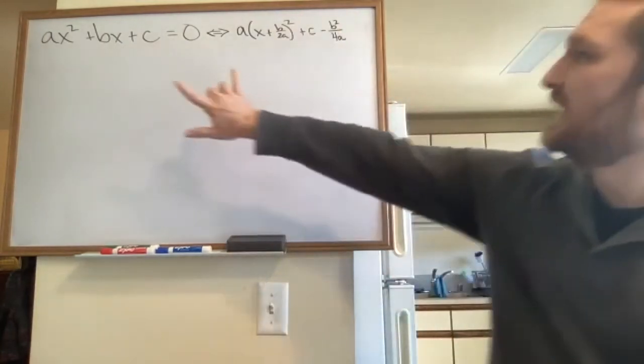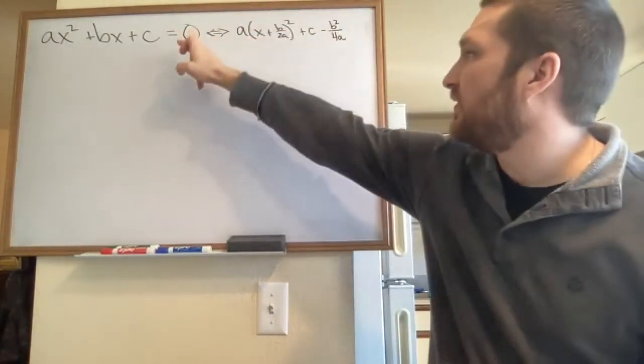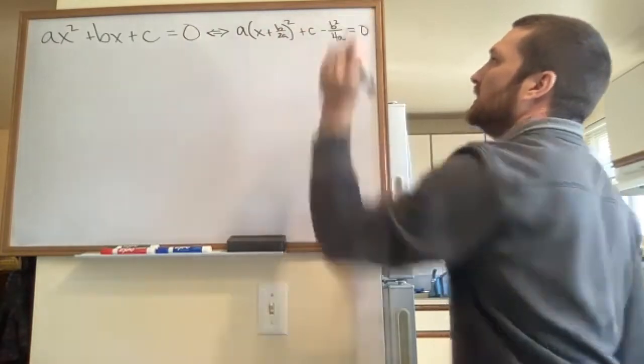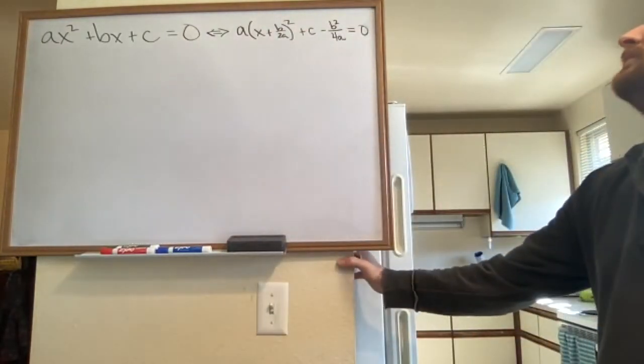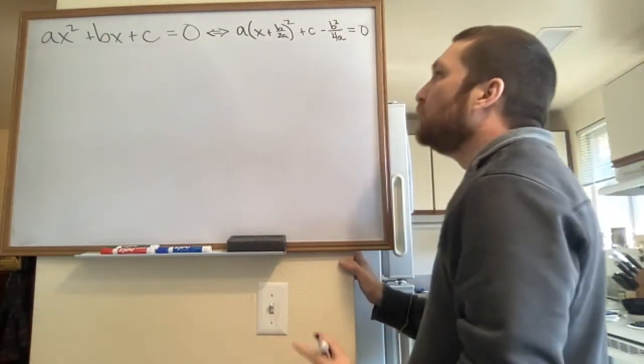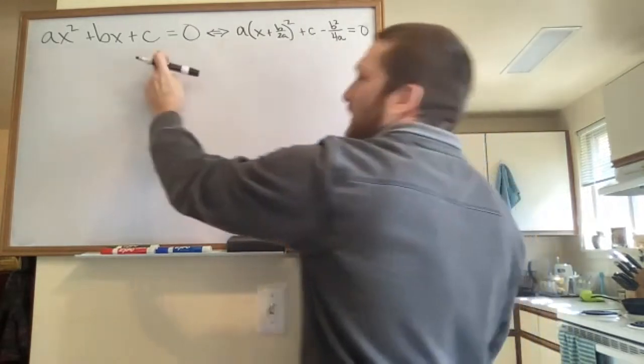And so if that is equal to that, then to solve this, we just solve this thing equal to 0.